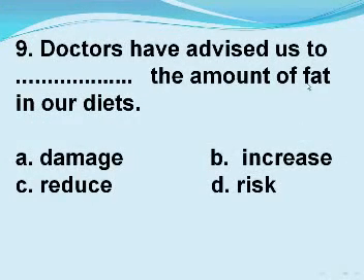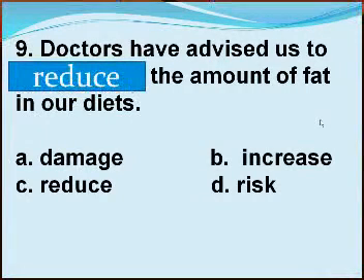Number 9. Doctors have advised us to blank the amount of fat in our diets. Increase, reduce, or risk. Okay. Of course, reduce. Usually doctors advise us to reduce or make the amount of fat in our diets less.